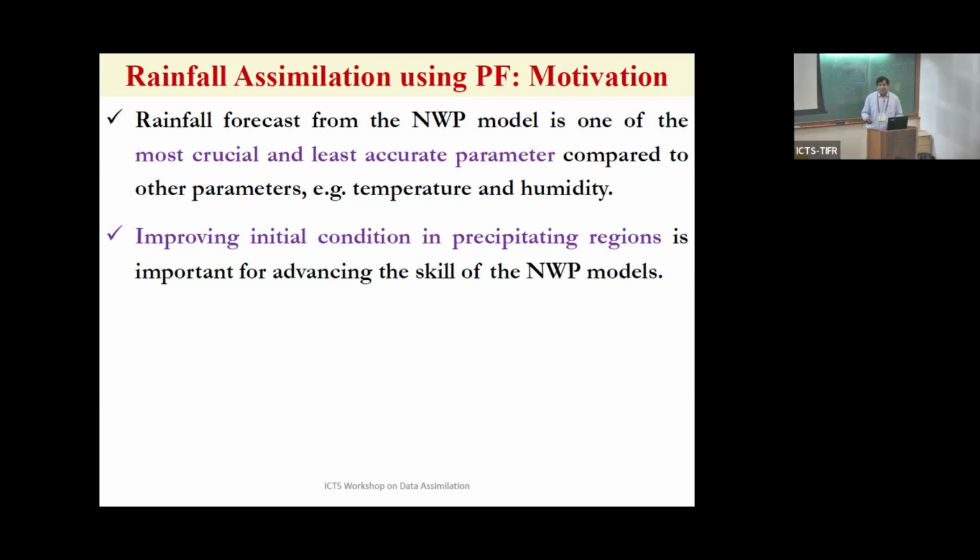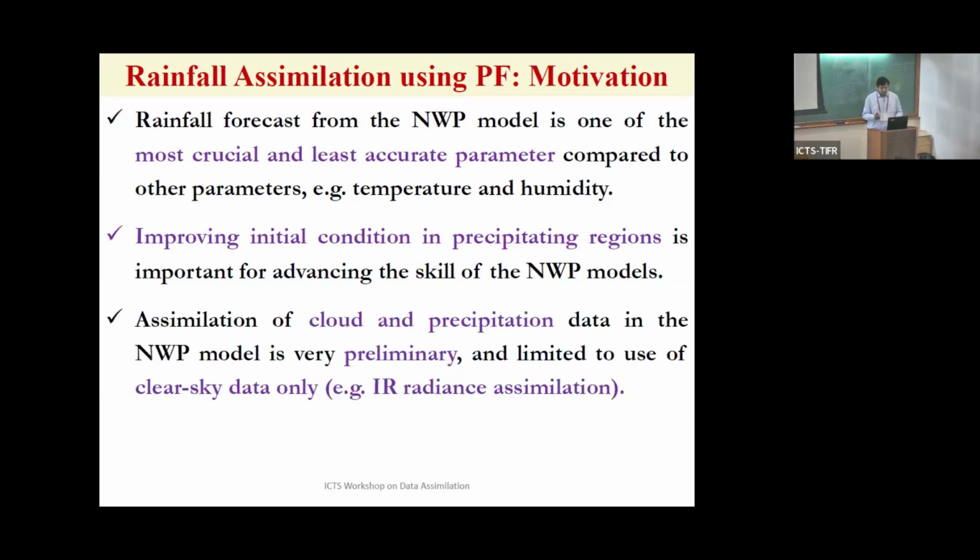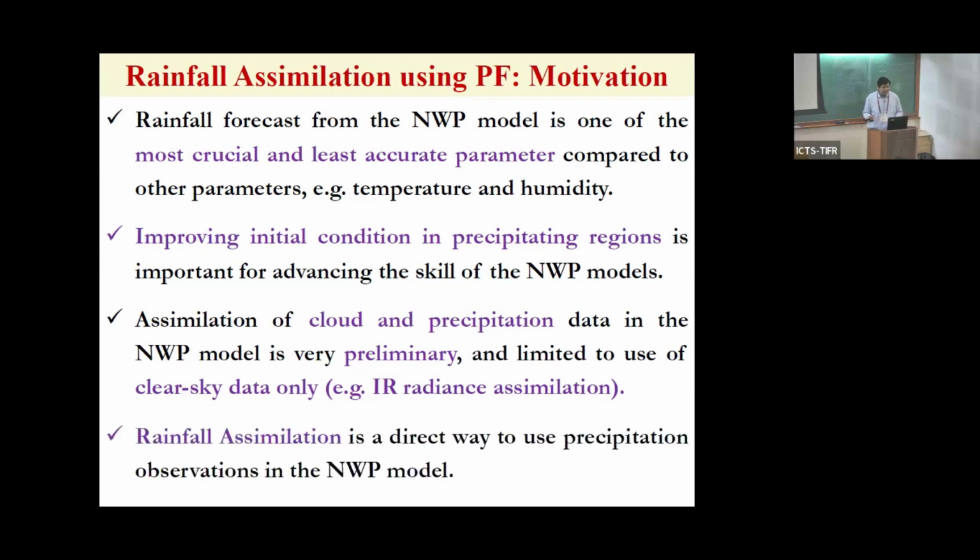Then assimilating clouds directly, maybe cloud mass or different hydrometeors directly. That kind of assimilation is a really good problem. This work is regarding that only, and rainfall assimilation is definitely a very good choice if we can do it.